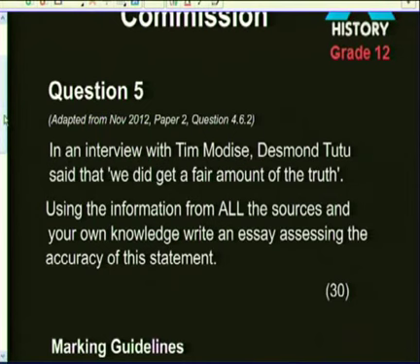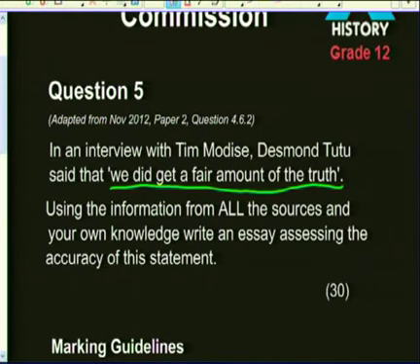In an interview with Tim Modise, Desmond Tutu said that we did get a fair amount of the truth. So in your answer, you will be focusing on this quotation by Desmond Tutu. He said, we did get a fair amount of the truth.